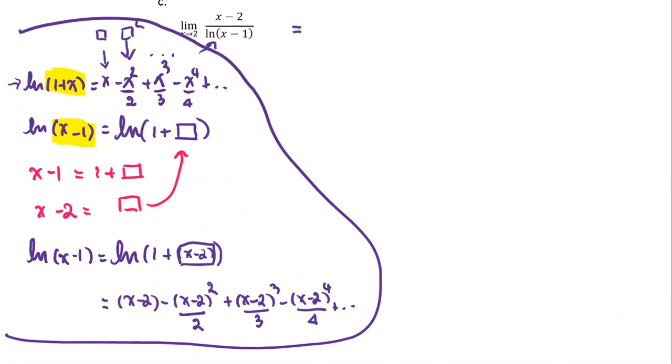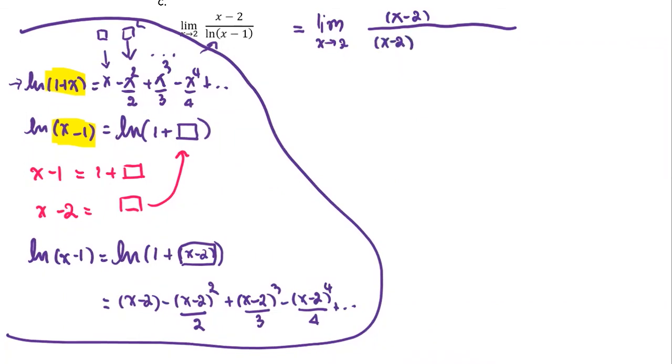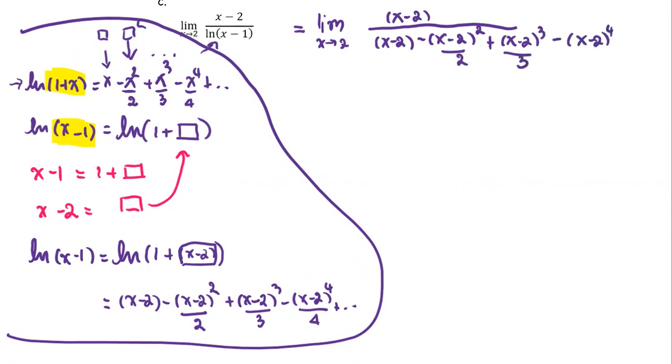And then back to the main part of the problem. We have the limit as x approaches 2 of the quotient x minus 2 divided by the natural log of x minus 1, which is the series x minus 2 minus x minus 2 squared over 2 plus x minus 2 to the third over 3 minus x minus 2 to the fourth over 4 and so forth.